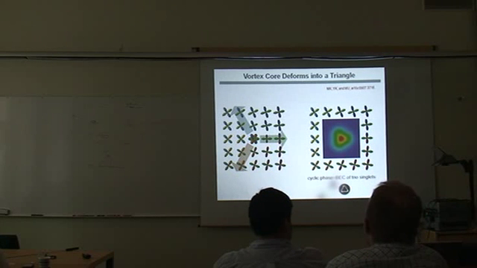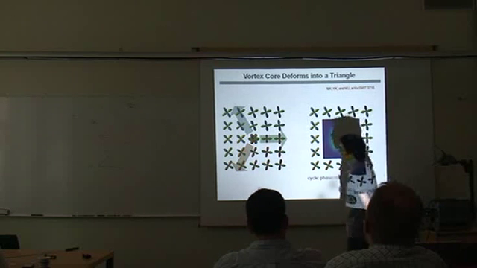Other than numerics, is there a qualitative reason? Could it just be the spin-spin interaction, and the vortex core would favor ferromagnetic?